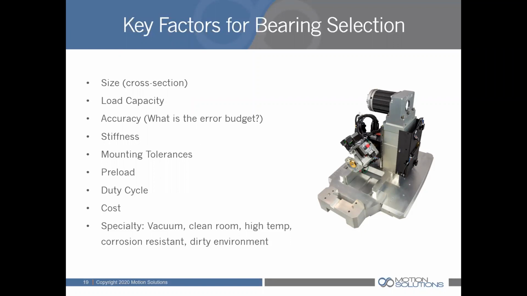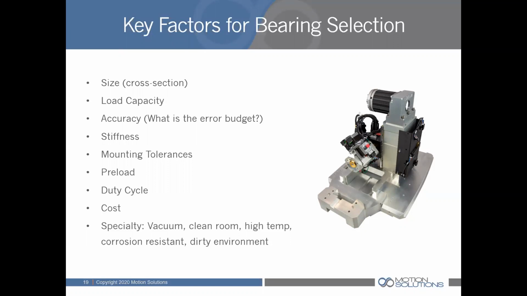Accuracy, what is your error budget? The way we look at it is how accurately do you need to be able to position to do the function that you're doing? And that's going to vary whether you're doing a scanning application, whether you're just doing point to point, but you have to take into account all of the accuracies of the system. They're all additive.